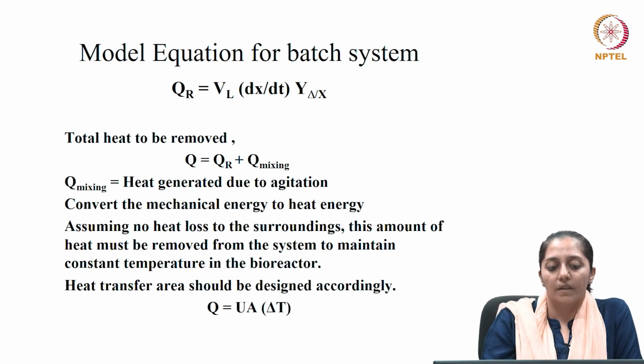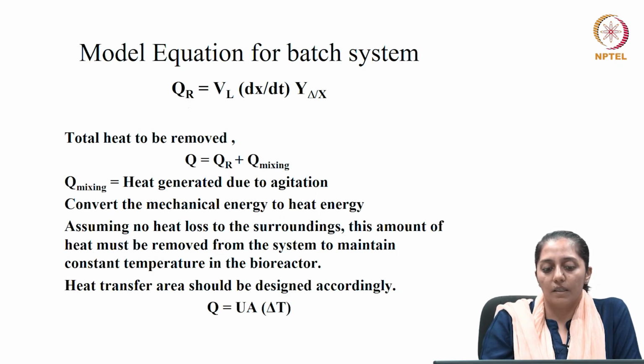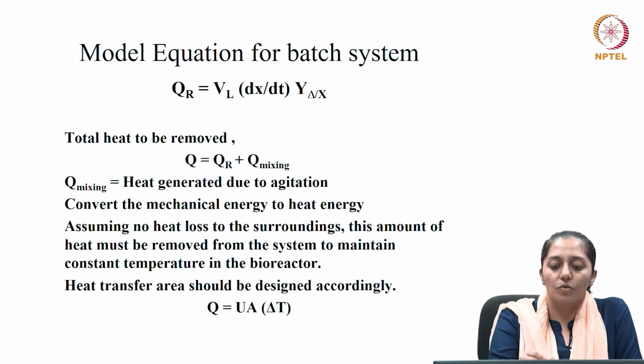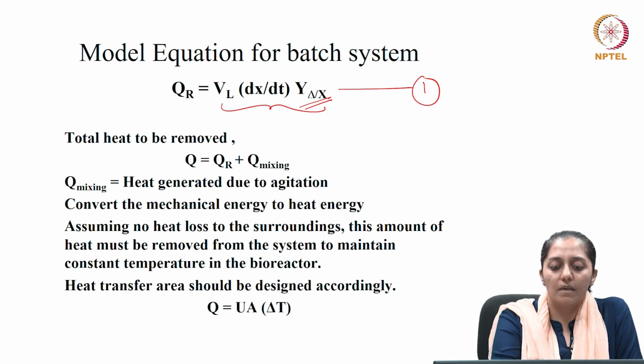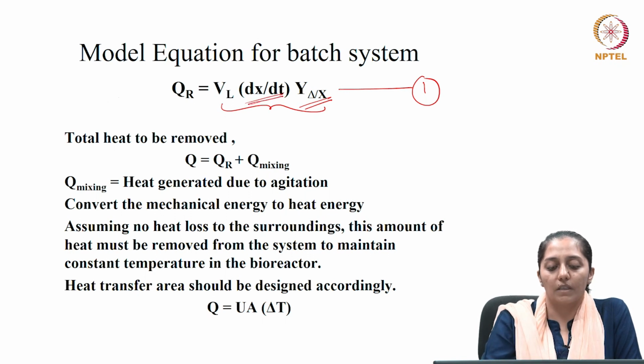In order to design the cooling system, QR would stand for the rate of metabolic heat generated, or the rate at which heat is generated due to the growth rate of the culture. To determine that, we will use equation 1 here, once we know from the stoichiometry the heat yield per unit biomass and the growth rate of the culture.